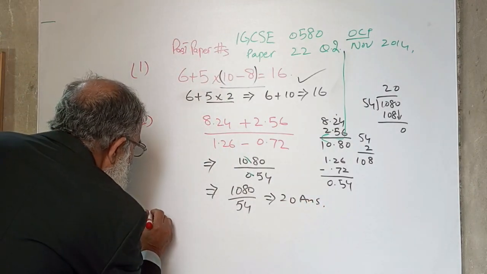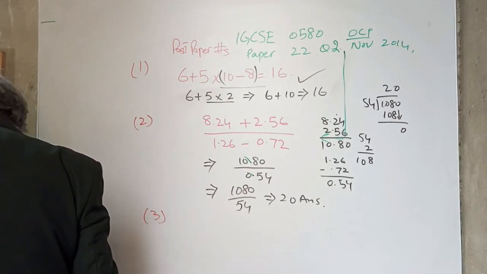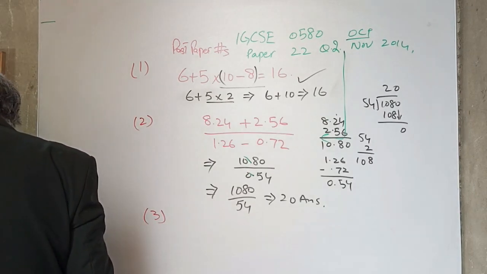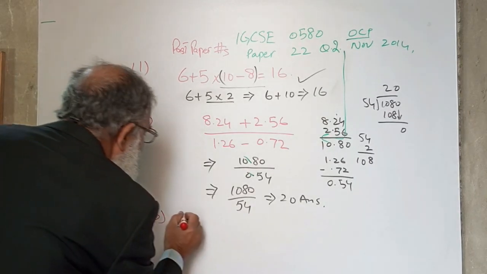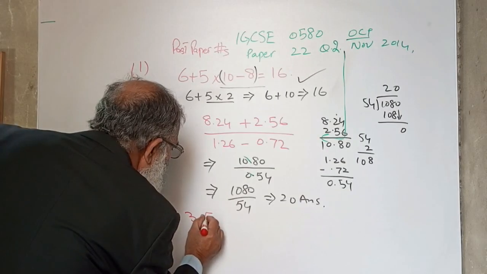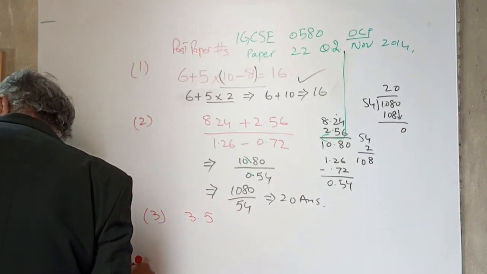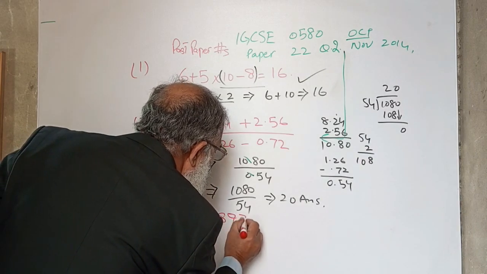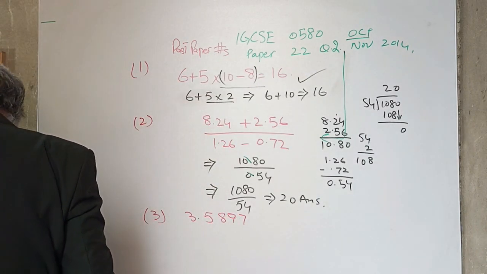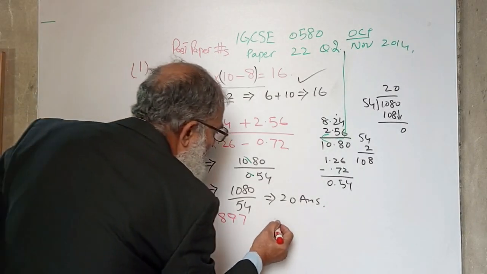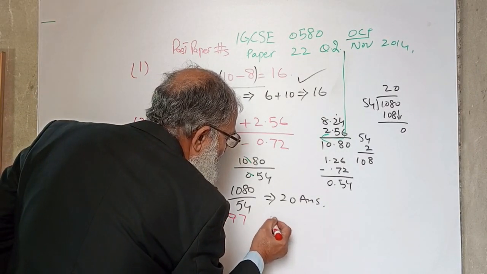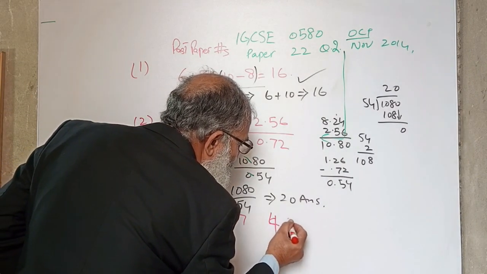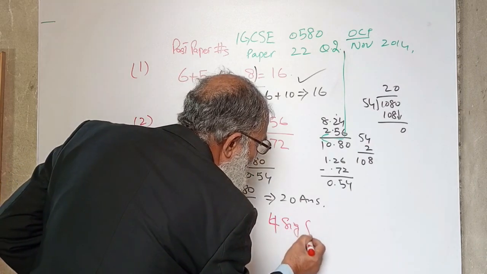Question number 3. Write 3.5897 correct to 4 significant figures. Now it is 4 significant figures.